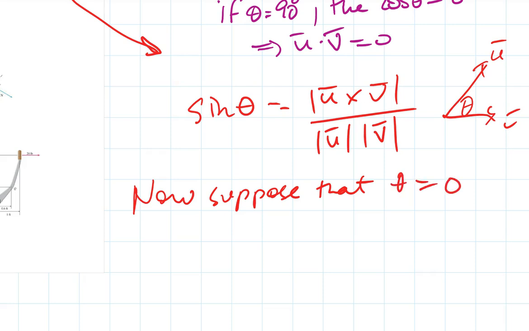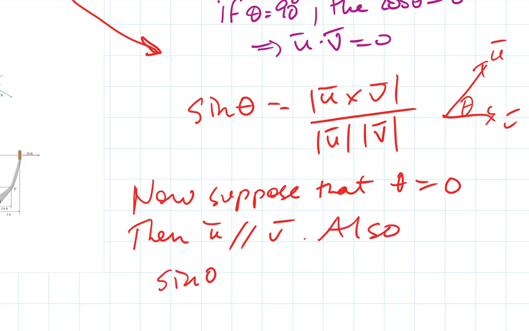Okay, so if theta equals 0, then u is parallel to v. And if that's the case, also sine of 0 is 0.